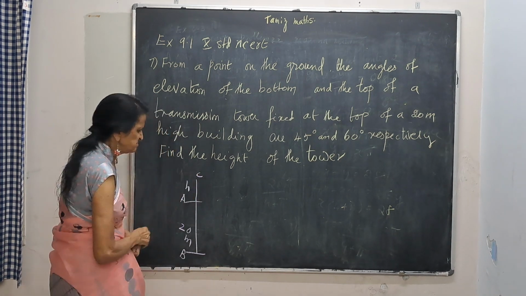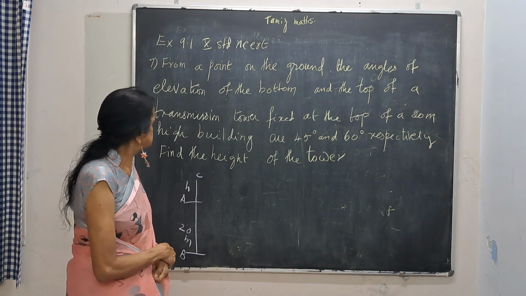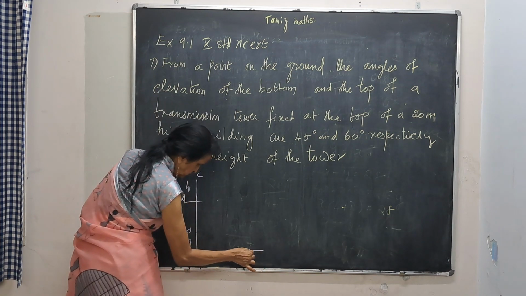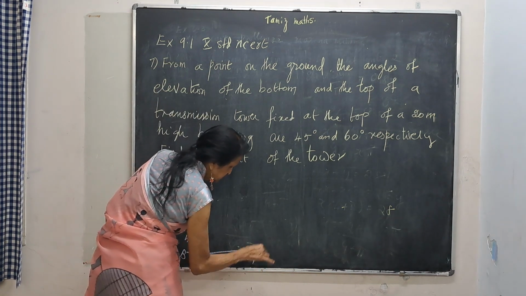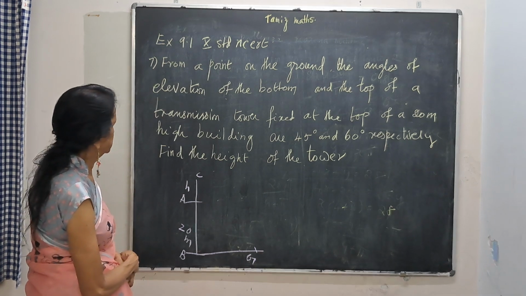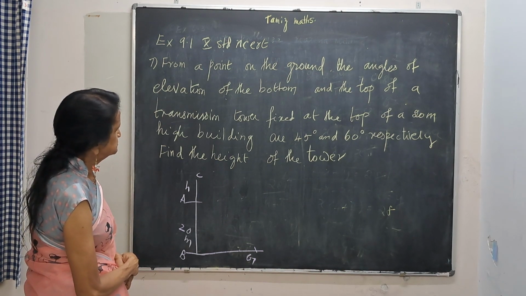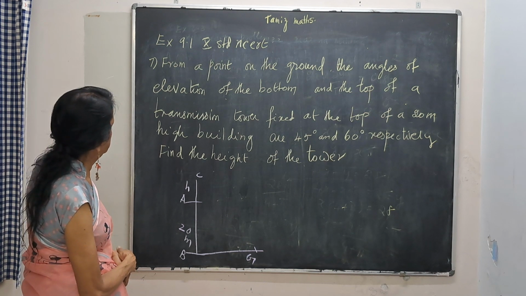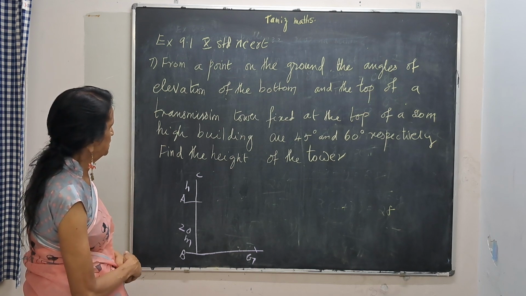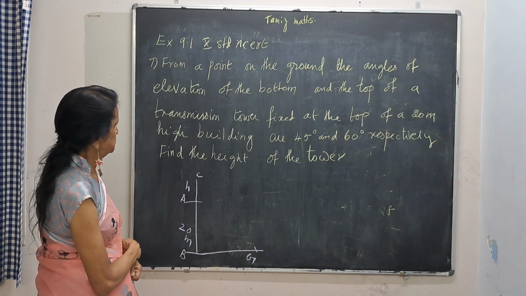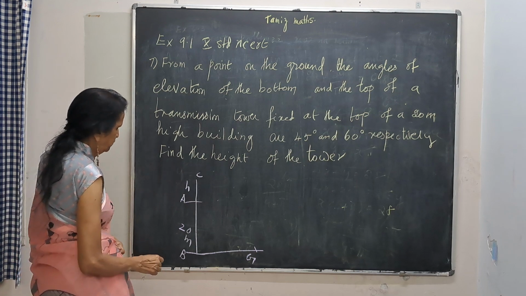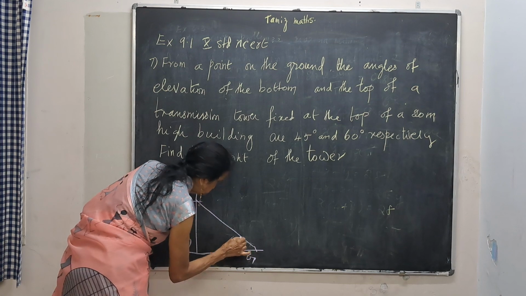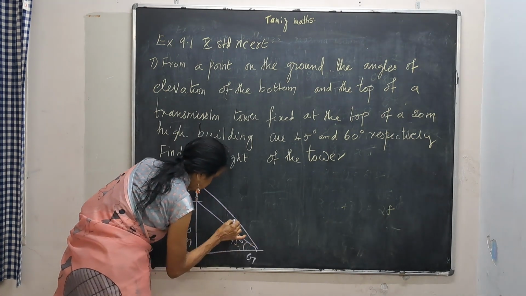Call it H. From a point on the ground, we can call it G, the angles are 45 and 60. From a point on the ground, the angle of elevation of the bottom and the top are 45 and 60. This is 45 and this is 60.